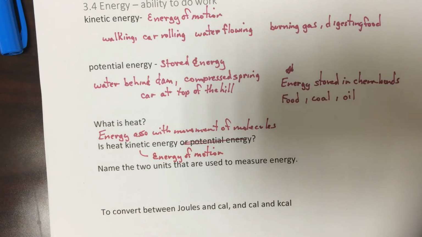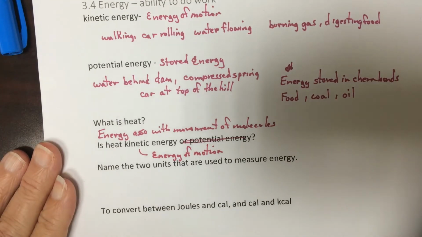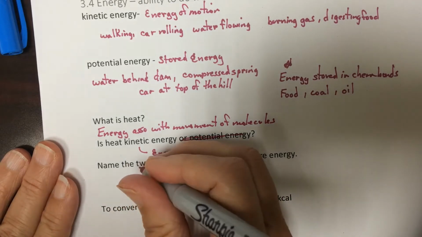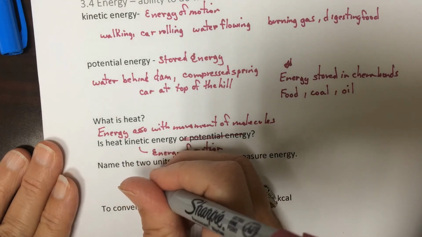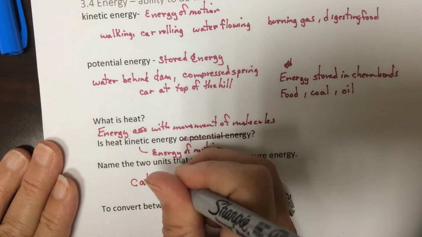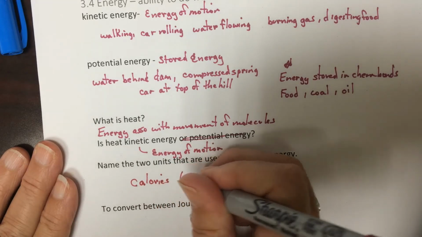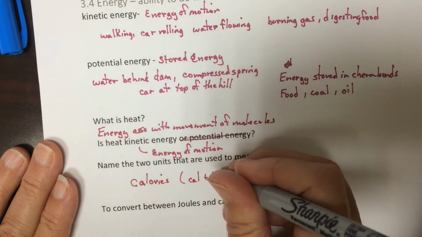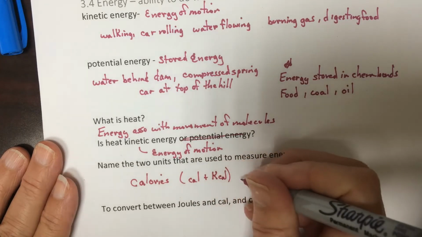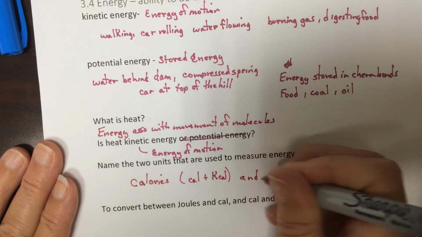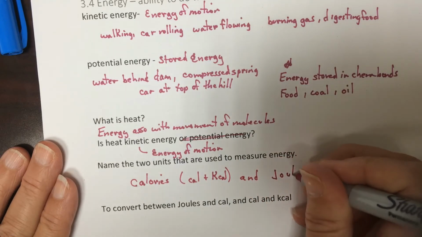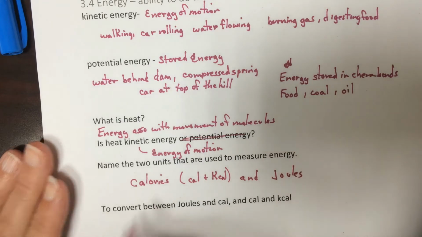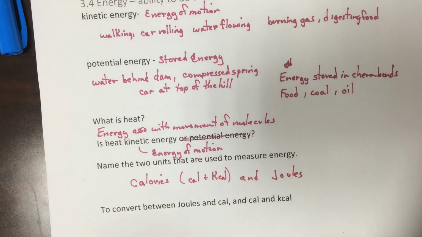We measure this energy with two different units. We use calories, which are confusingly calories and kilocalories, and joules. If you take physics, you'll use joules. If you take food science, you'll talk about calories.